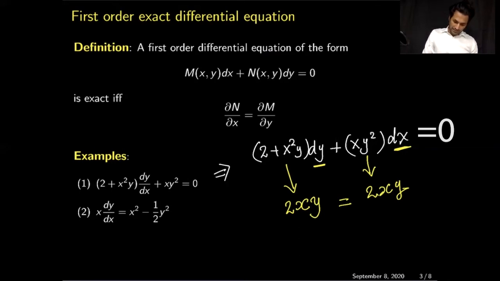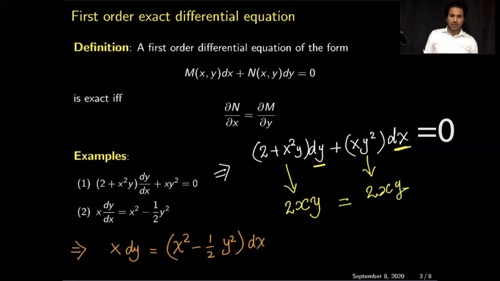Let's work on this problem. Again, I will multiply by dx on both sides. So this will be x dy is equal to (x square minus 1/2 y square) dx. Now I will move this term to the other side so I can write it in M dx plus N dy form. So this will be (x square minus 1/2 y square) dx, and I will move this term to the other side, so x dy.